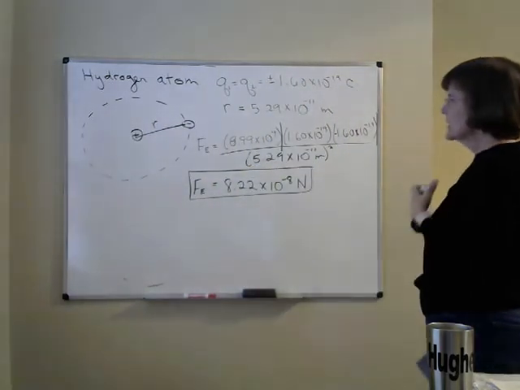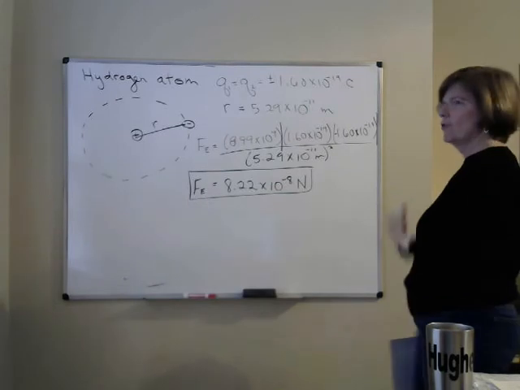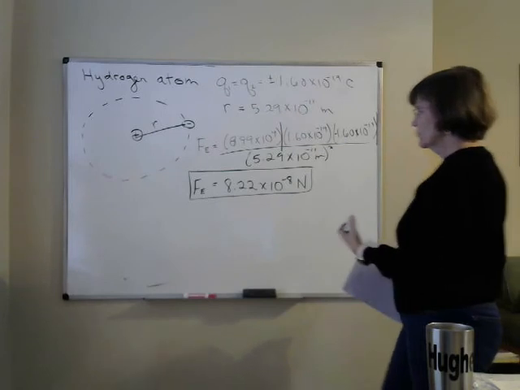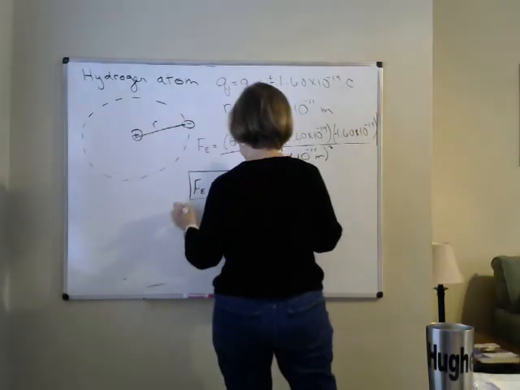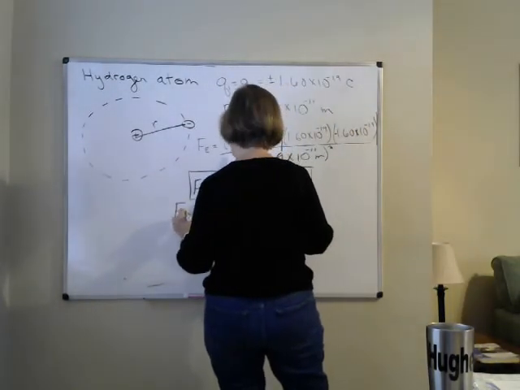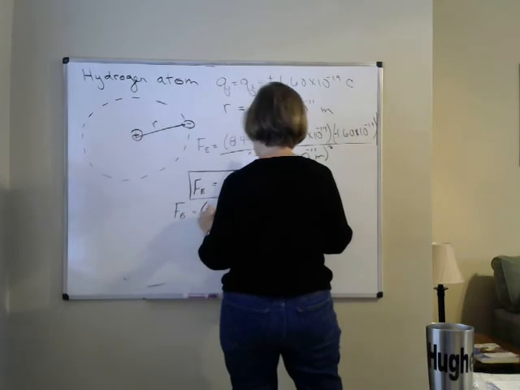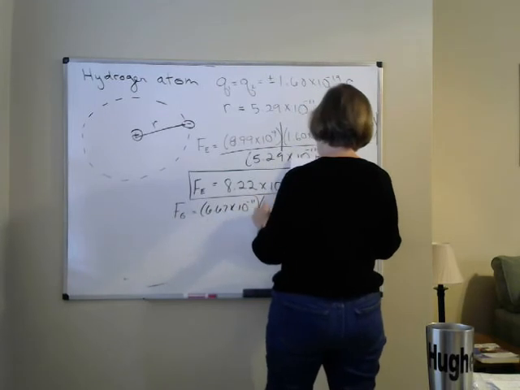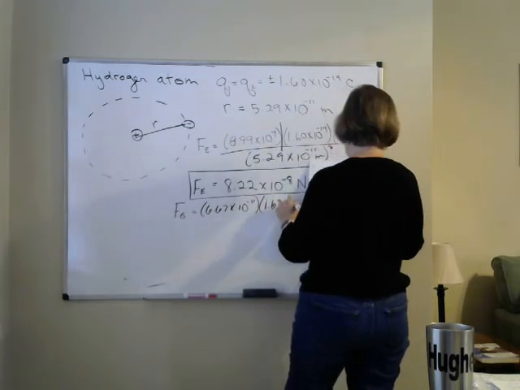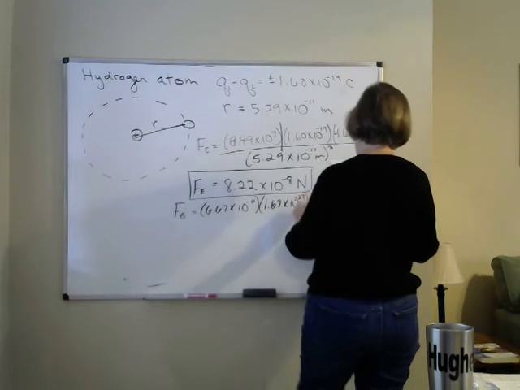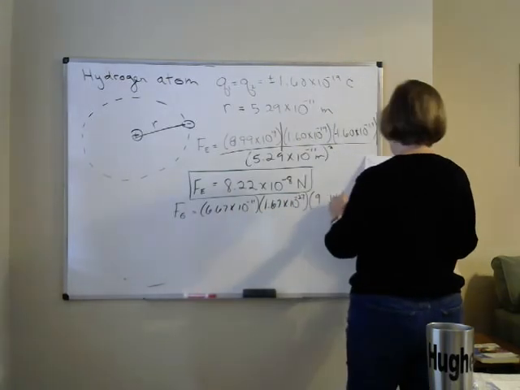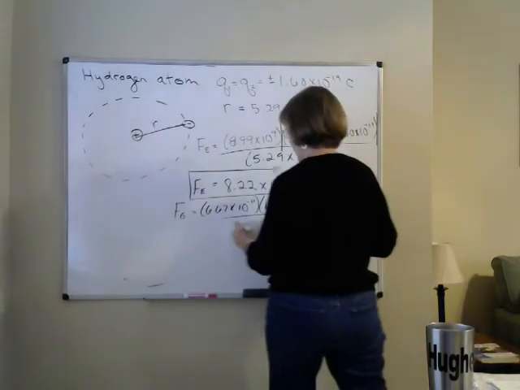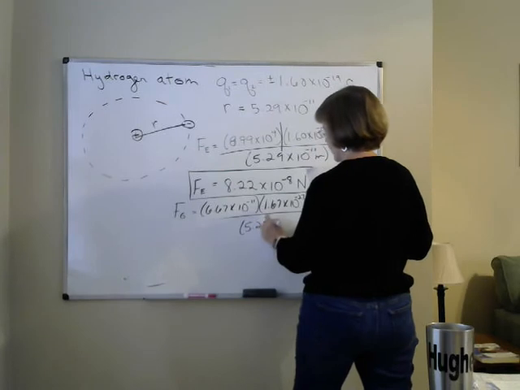If I do that same thing, only instead of using the charge on the proton and the electron, I use the masses. I put in capital G. When I do the gravitational force, G is 6.67 times 10 to the negative 11. We've got the mass of the proton, the mass of the electron, and the distance between them.